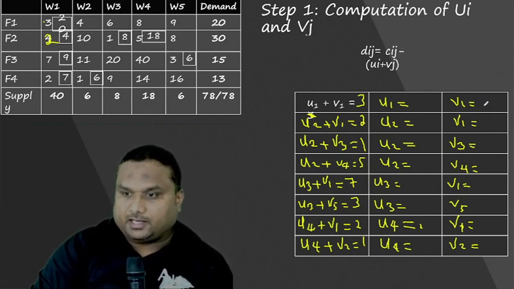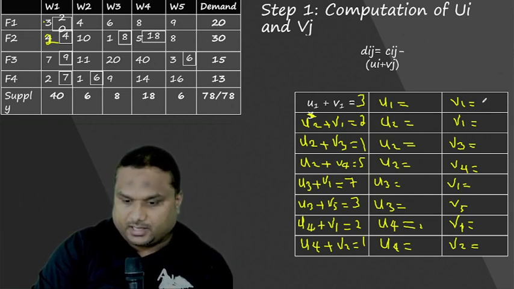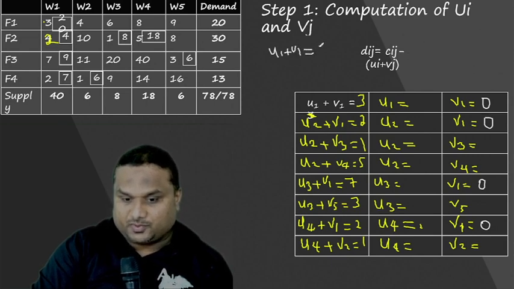Now, can I give V1 equal to 0? I am putting V1 equal to 0. Look at the board. In the first equation, U1 plus V1 equal to 3, V1 is 0.